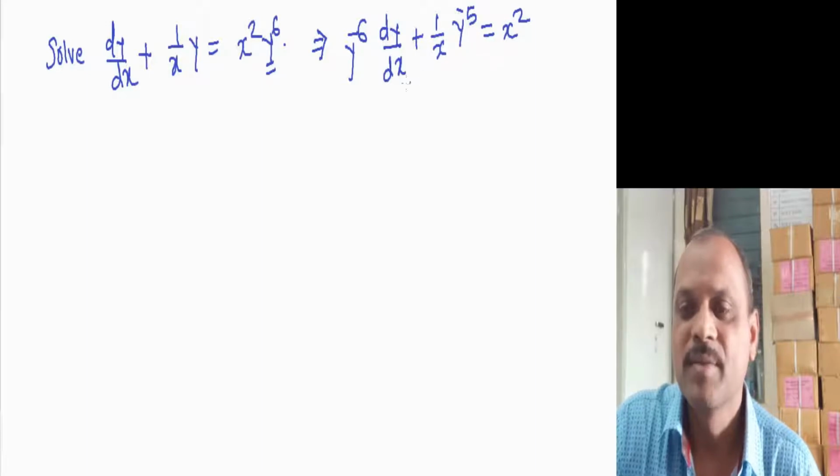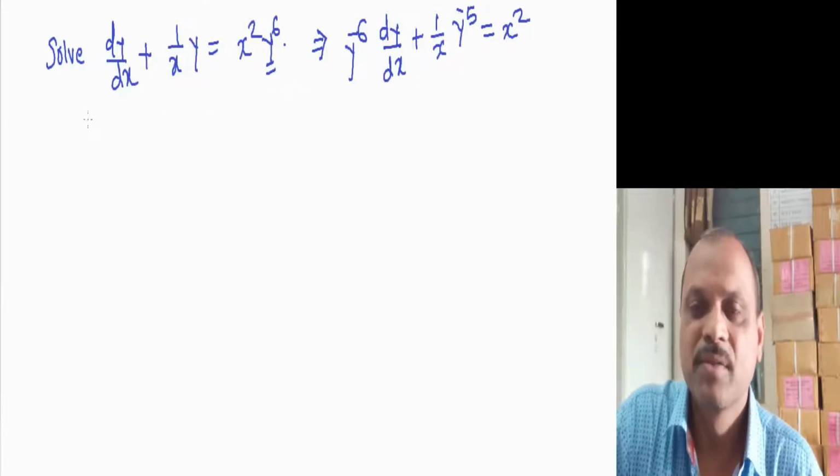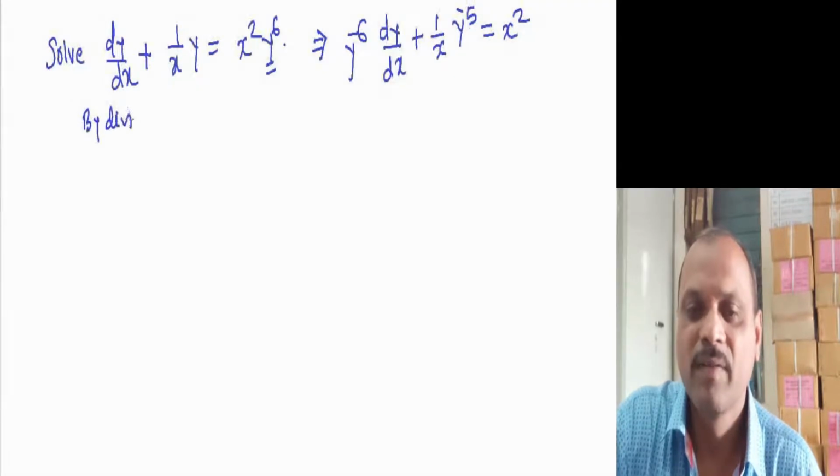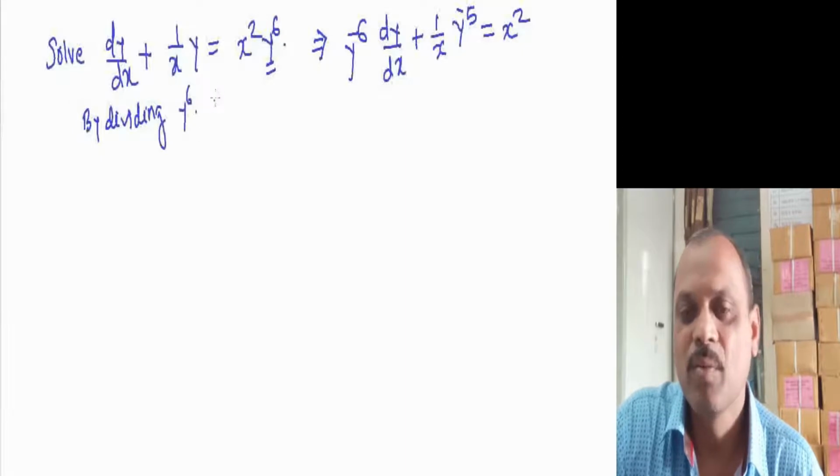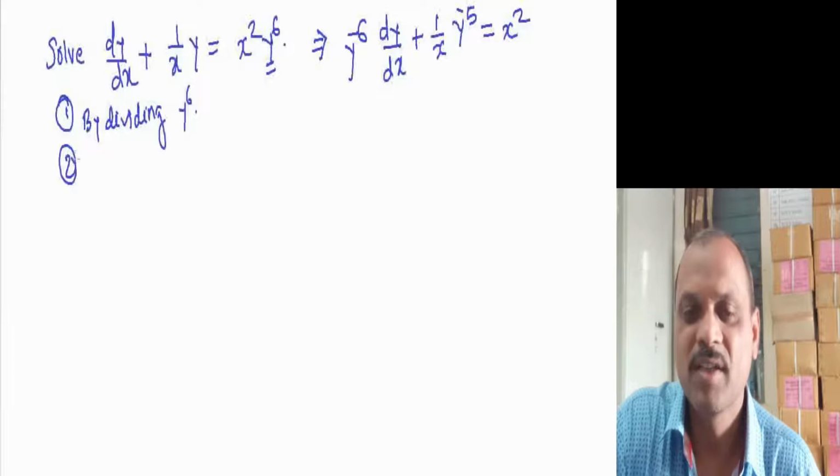Now, this is by dividing by y raised to 6. Now, the second step, this is my first step. What is the second step? Multiply by minus n plus 1.